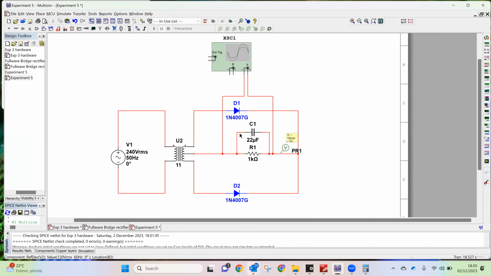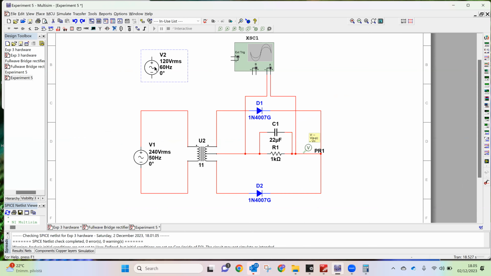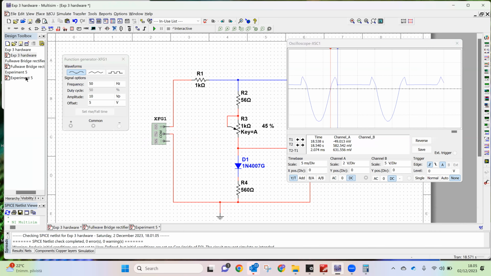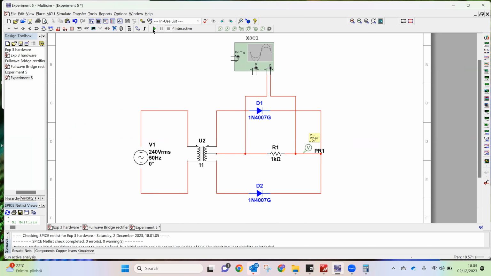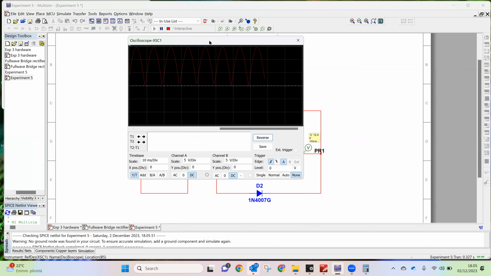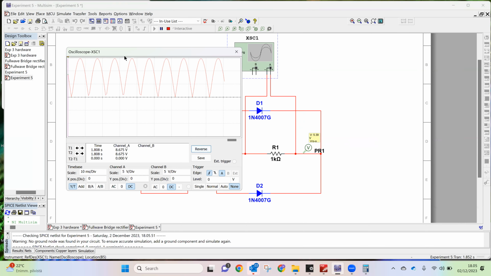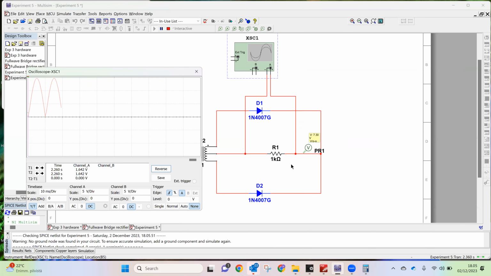And you will first use it without the capacitor. You will first get this waveform. So okay, I have to stop this first, and first you will get this waveform. Okay, so this is a full wave rectifier without any capacitor.